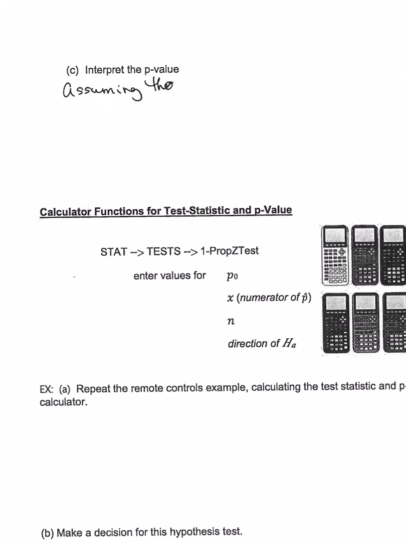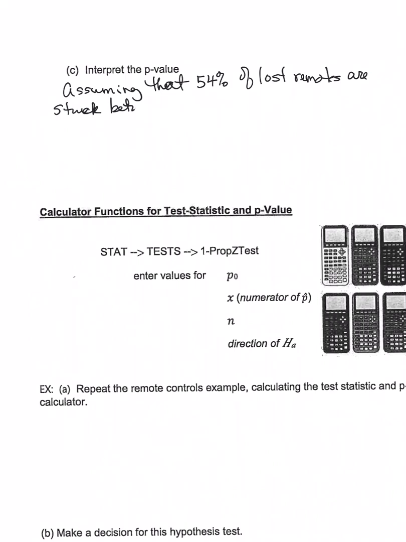Assuming that p is 54%, so what was p? 54. So assuming that 54% of lost remotes are where? Couch cushions. Yep.